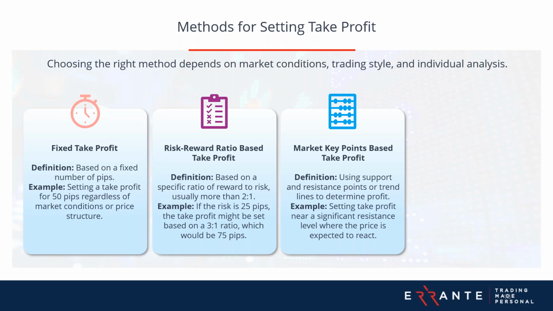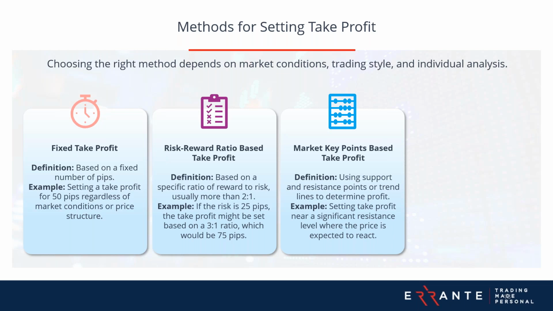This is a way you may let the market somehow decide for us. Using support and resistance levels or trend lines to set take profit points is another strategic approach. For example, if trading a breakout, a trader might set a take profit just below a significant resistance level, where the price has previously shown a strong reaction.